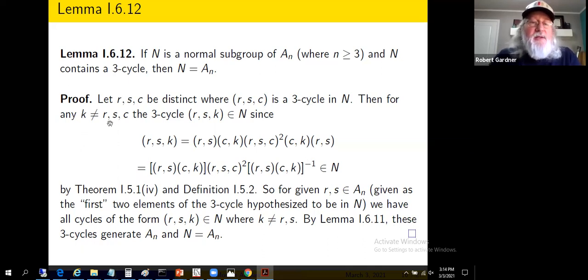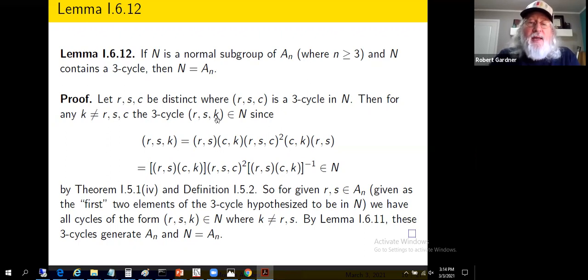So take a K different from R, S, and C. The 3 cycle R, S, K is in N since, okay, so we've taken a 3 cycle where we've fixed the first element and the second element the same as this given element. And we've chosen a third element to be something different, right? You can see where we're trying to use that lemma 1.6.11 thing.